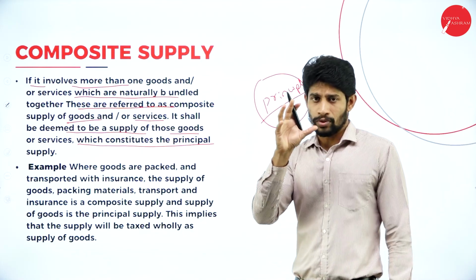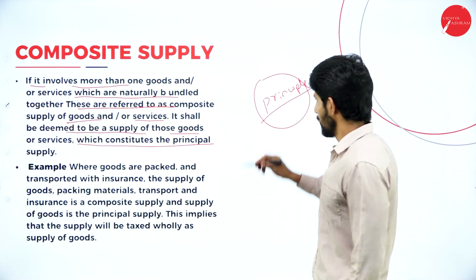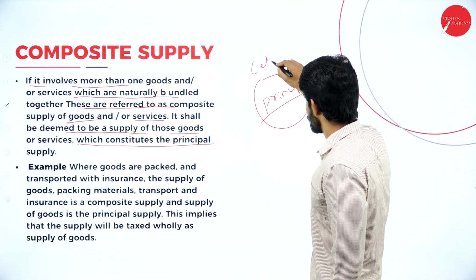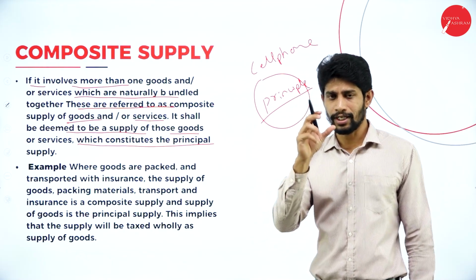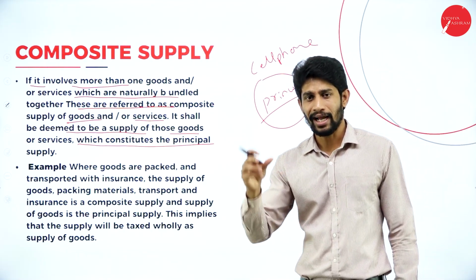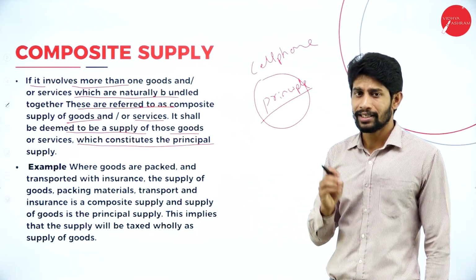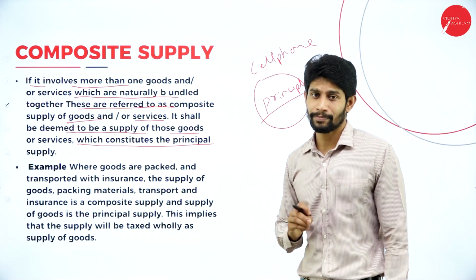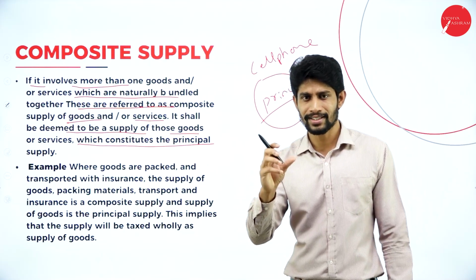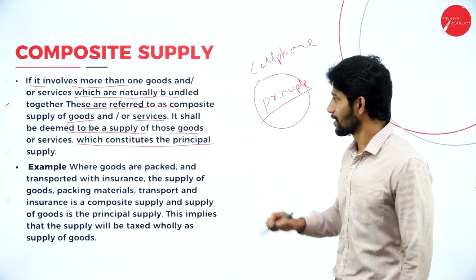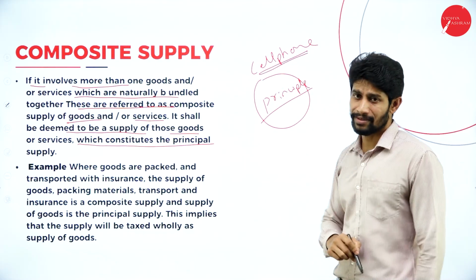That means the goods are naturally bundled. For example, a cell phone. In a cell phone box, they will be giving you the cell phone, a charger and an earphone. In that, the cell phone is going to be the principal supply.